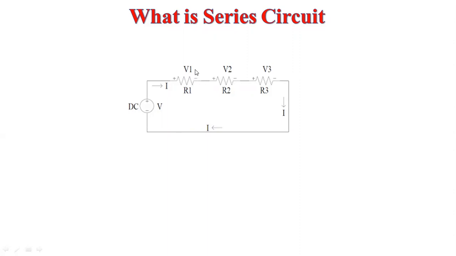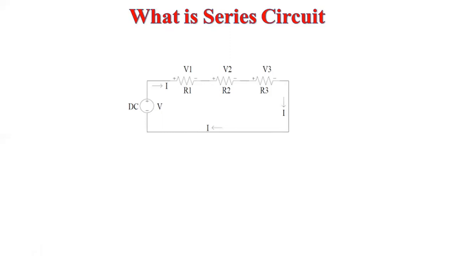So the methodology is, if we connect any terminal of one resistor to the starting end of another resistor, and similarly, the negative terminal of one resistor connected to the positive end of another resistor, and the remaining terminals connected to the DC supply, then the circuit is said to be connected in series.